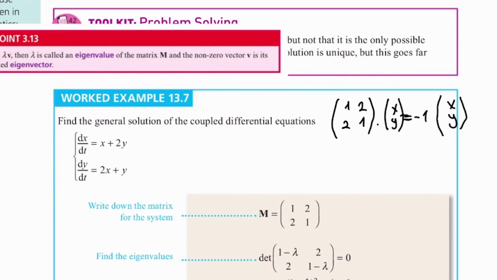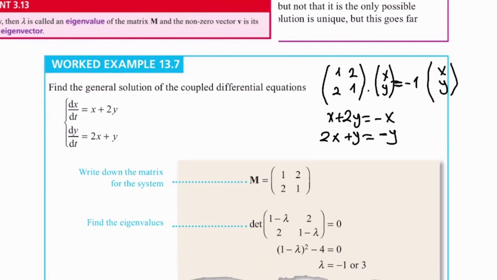How do we multiply? First row, first column: 1x plus 2y equals minus x. Then the second row, second column: 2x plus y equals minus y.